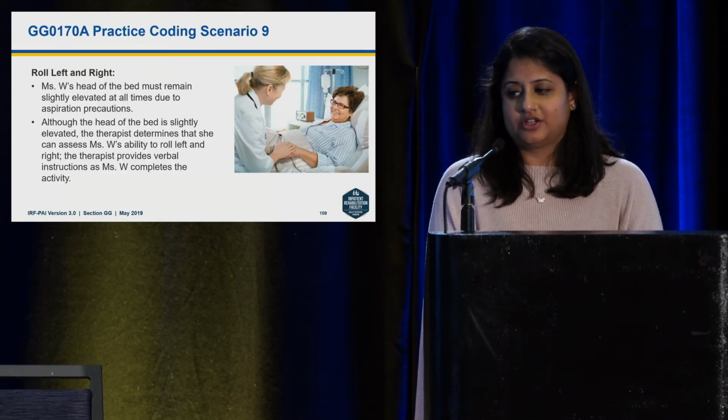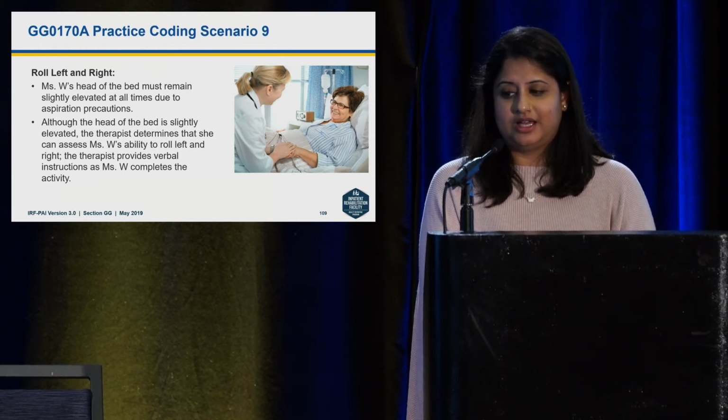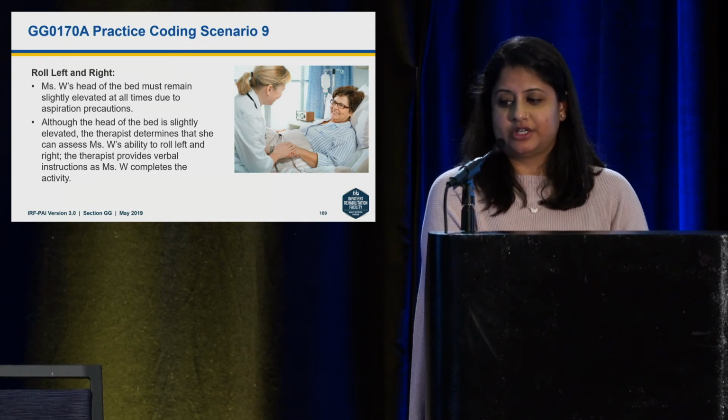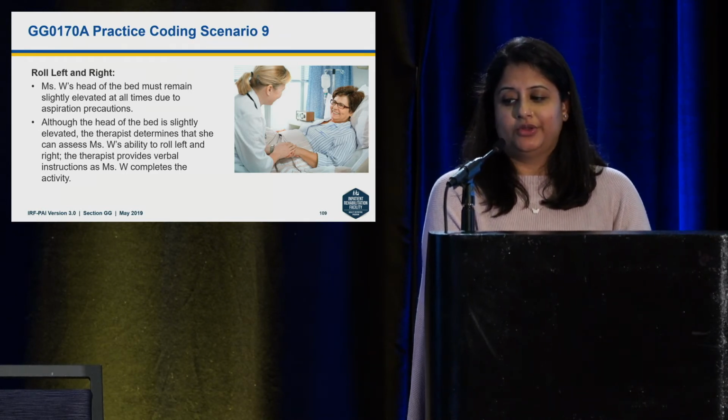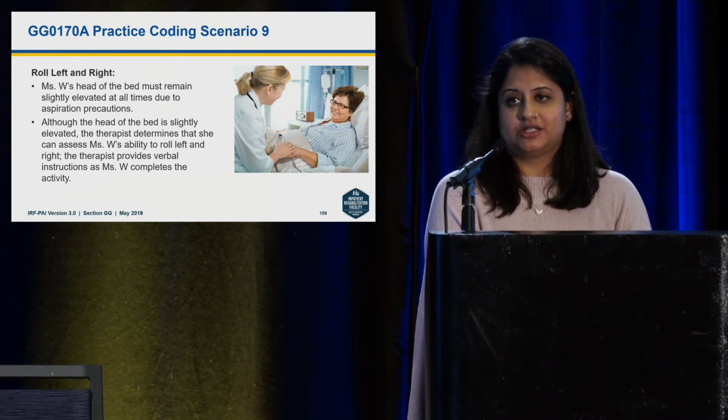So we've got a practice coding scenario for GG0170A. Miss W's head of the bed must remain slightly elevated at all times due to aspiration precautions. Although the head of the bed is slightly elevated, the therapist determines that she can assess Miss W's ability to roll left and right. The therapist provides verbal instructions as Miss W completes the activity.